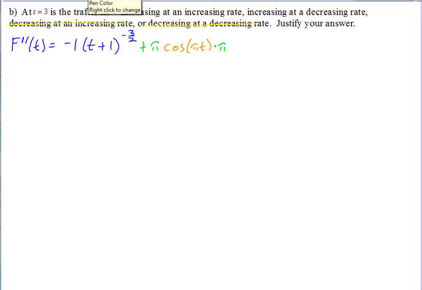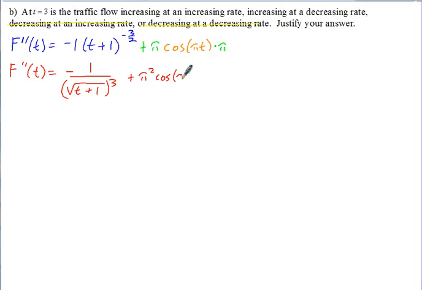So let's go ahead and simplify this. We'll also substitute in 3. F double prime of t is negative 1 over the square root of t plus 1 cubed. And you can bring that pi out in front with this pi to make it pi squared cosine of pi t. And now we can substitute in 3. See if this is positive or negative.